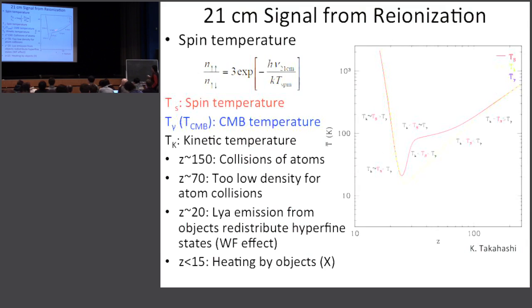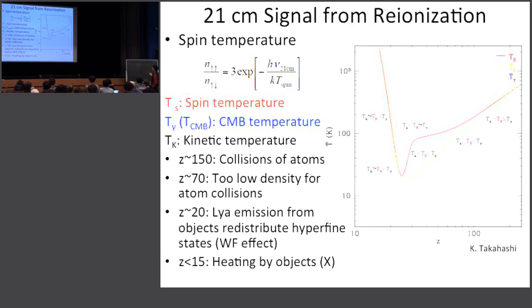The blue line shows the CMB temperature, decreasing by 1 plus z, as you know. The spin temperature at first, around redshift 200, follows the kinetic temperature because of collisions of the atoms. Then at around redshift 70, the matter density becomes quite low, so the spin temperature decouples from the kinetic temperature.